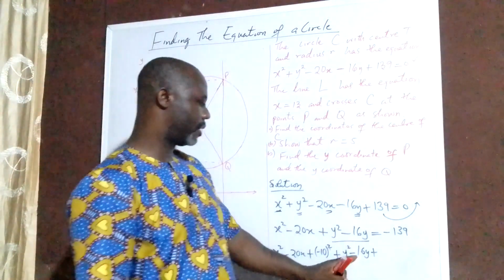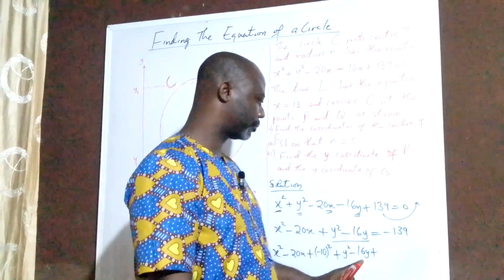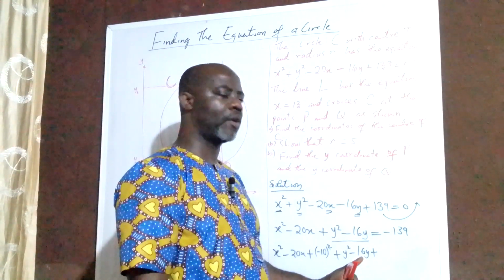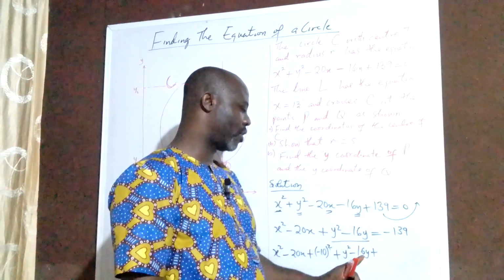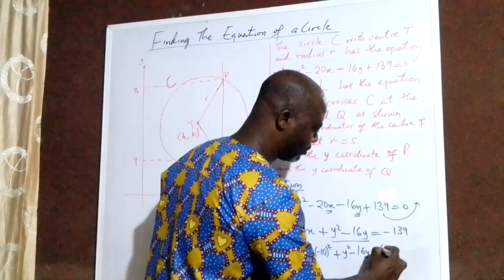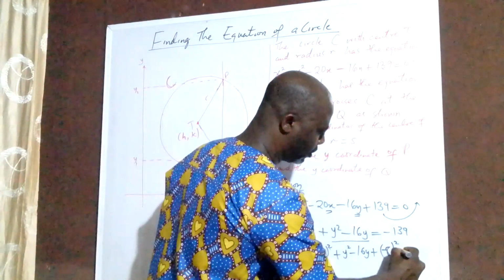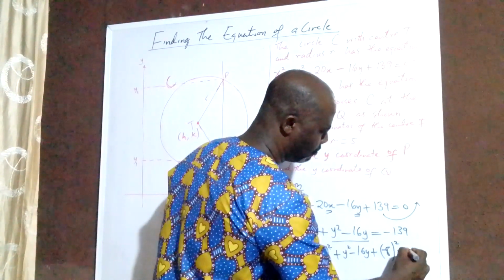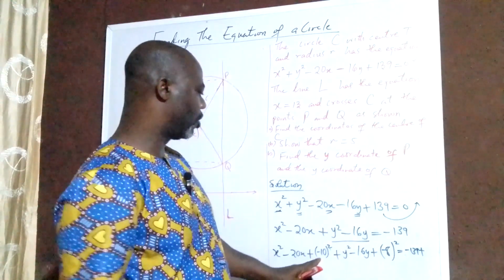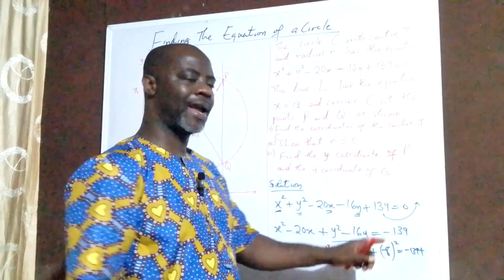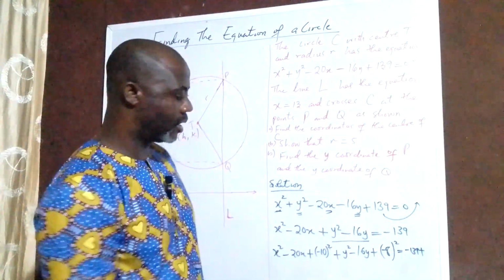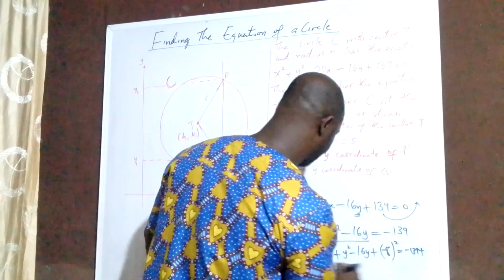So here, I also complete the square by finding half of the coefficient of y. Here the coefficient of y is minus 16, half of it is minus 8. And then I'll take the square of that, minus 8 squared, equal to minus 139, plus, I'm now going to add these two terms that I added to the left, I'll also add to the right.